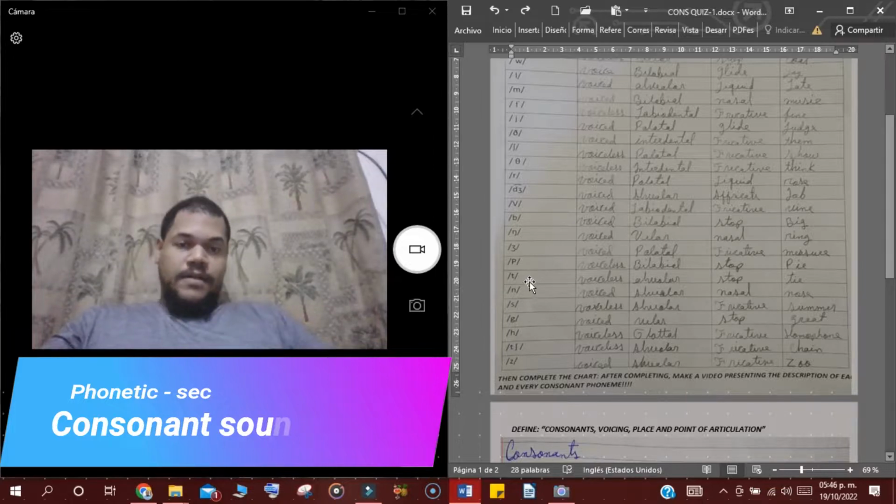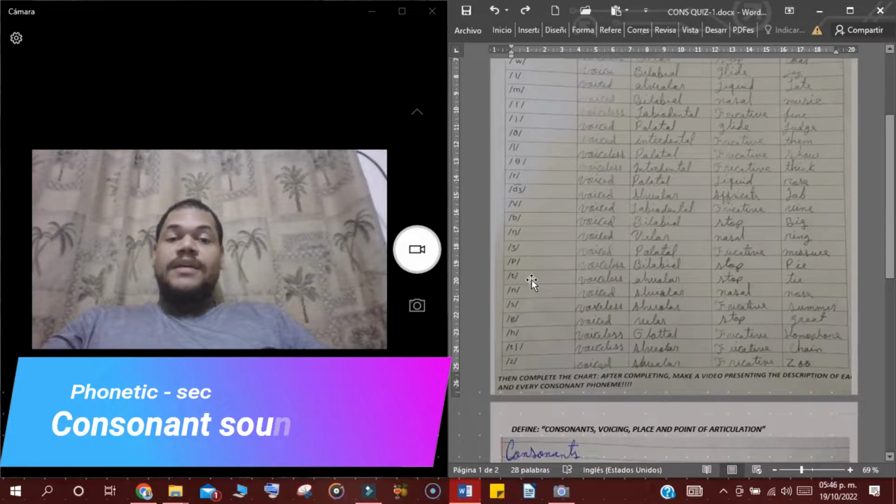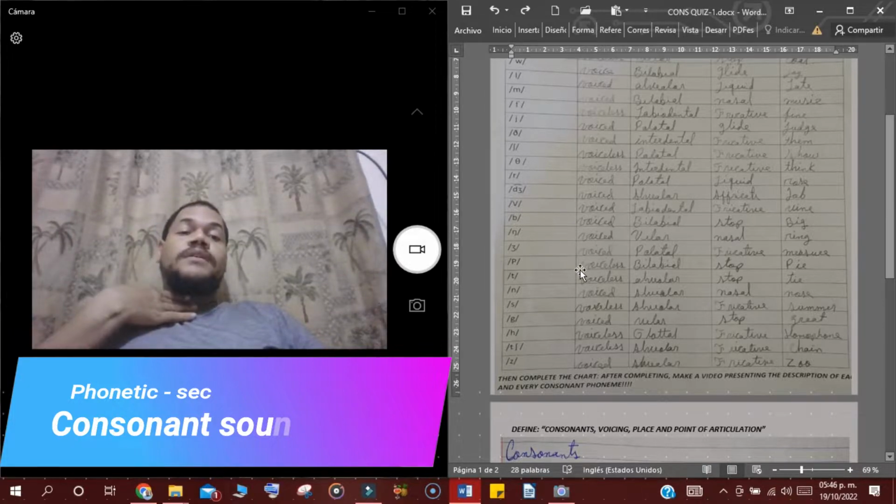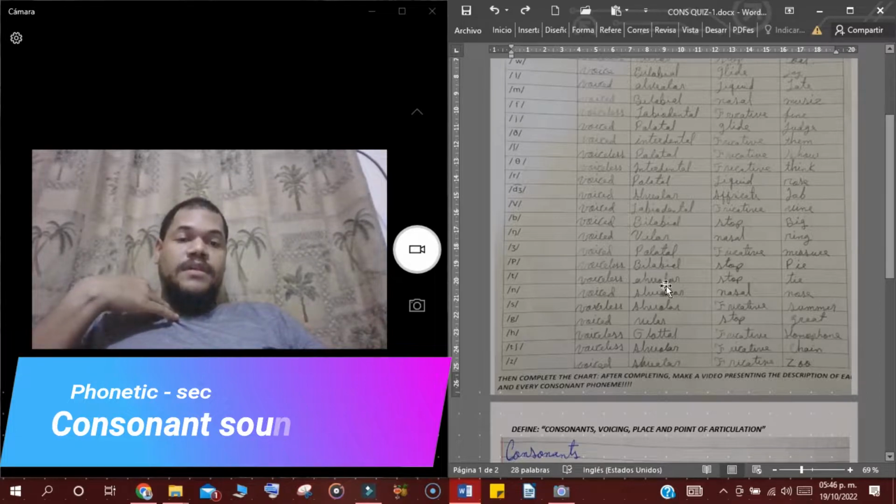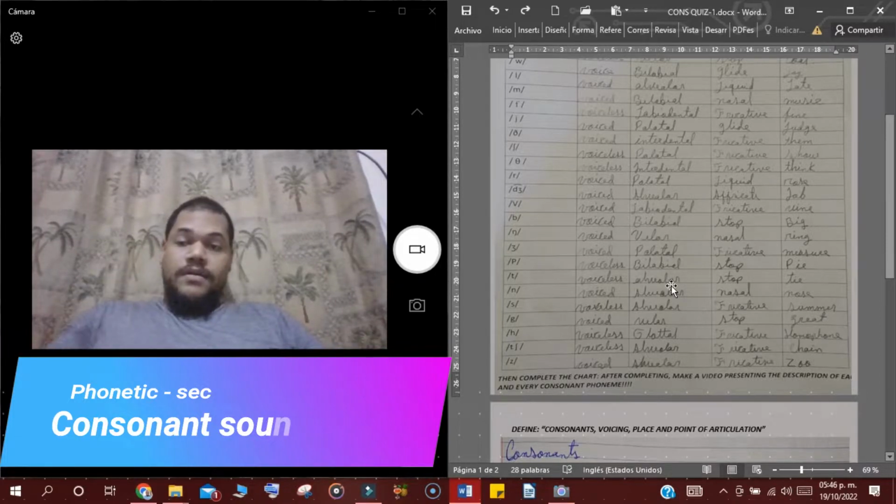Now we got the letter T as a representation of the sound. That one is voiceless, alveolar, and according to the manner of articulation, it's a stop. And the word that we use to describe that sound is tie.